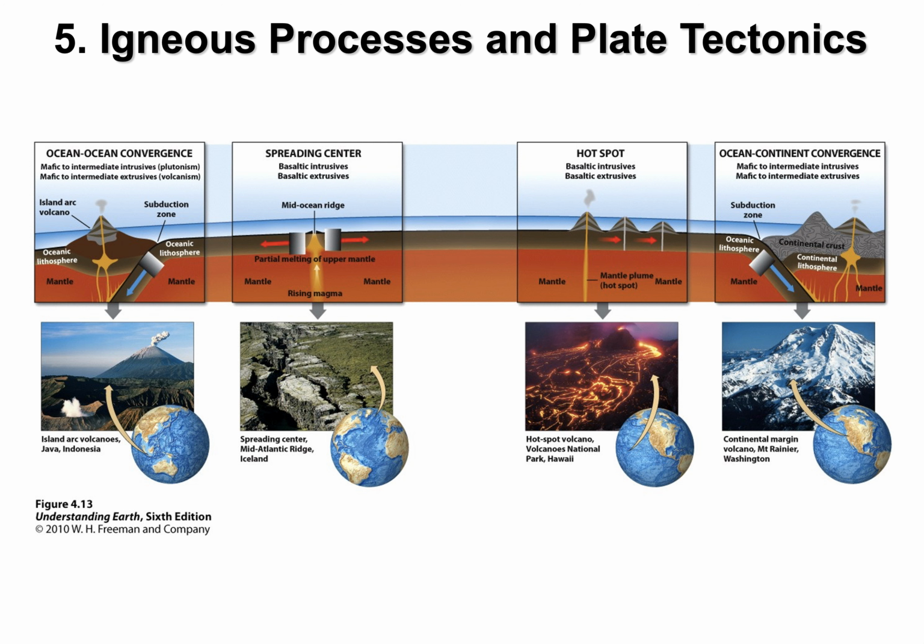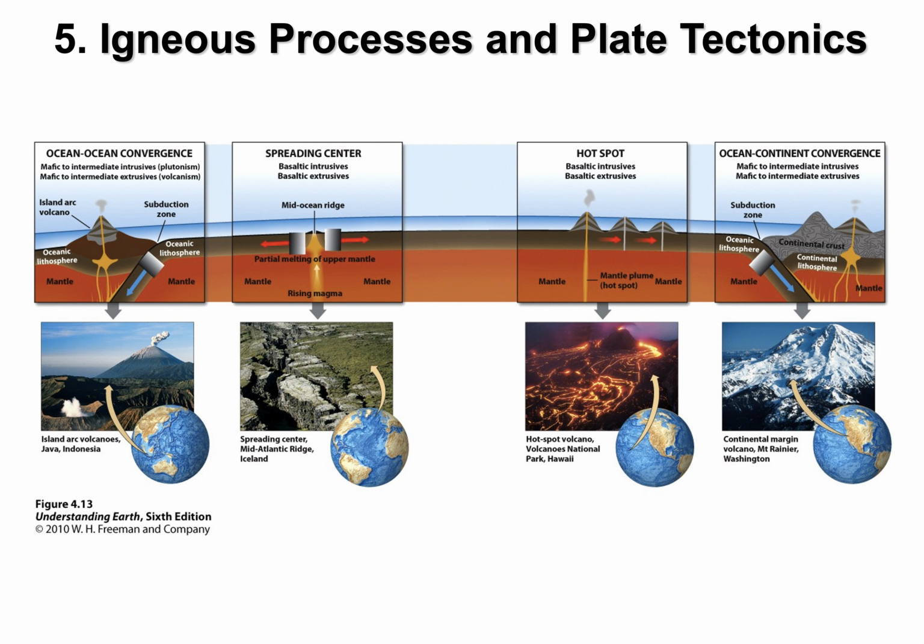In our last slide, on the right hand side, we have an ocean-continent convergence. There we have the subduction of an oceanic crust beneath a continental crust, like in the western part of North America and South America. There you have this subduction of oceanic lithosphere beneath a continental lithosphere, and you will form mafic to intermediate intrusives and mafic to intermediate extrusives.